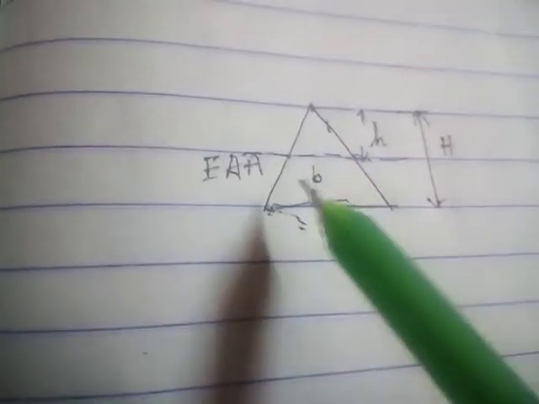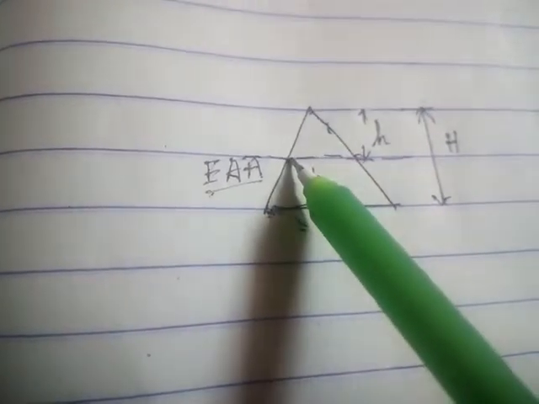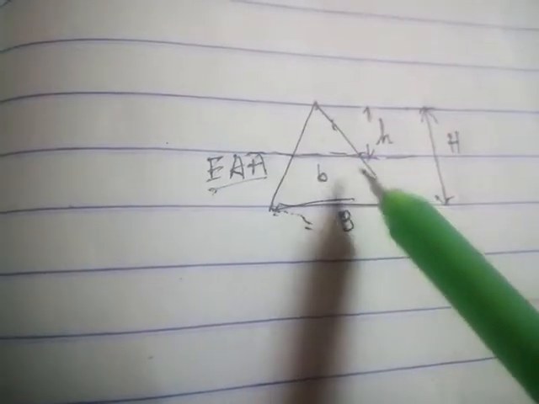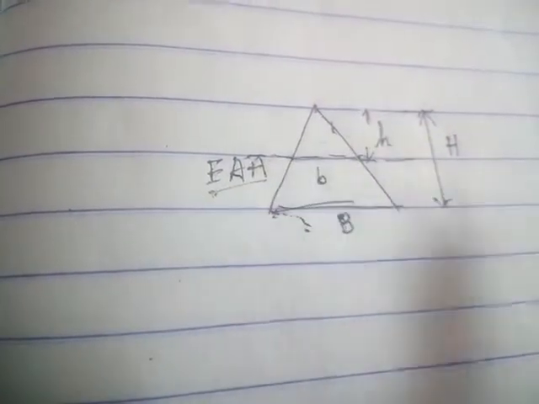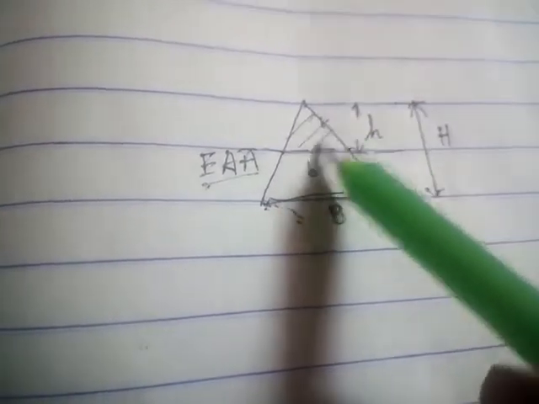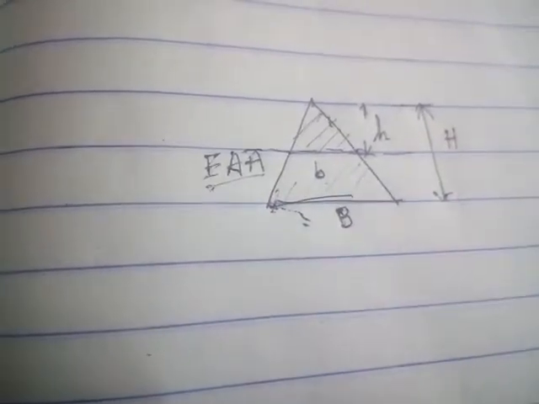Now we know that equal area axis means that axis which will divide the whole section into two equal areas, okay. That means the area of this triangle and the area of the remaining part will be the same, okay.